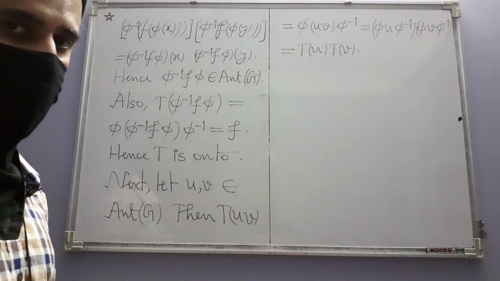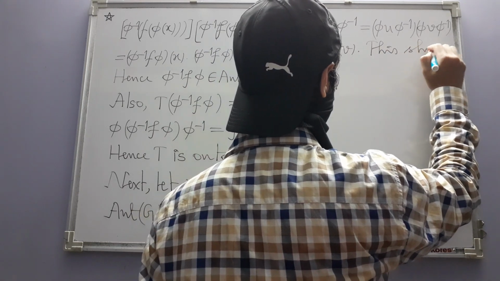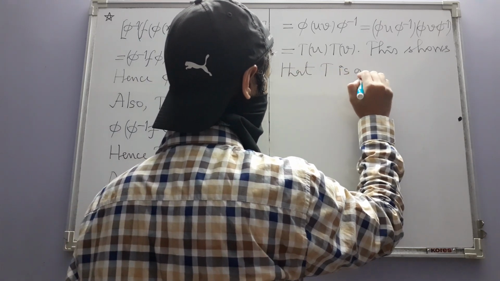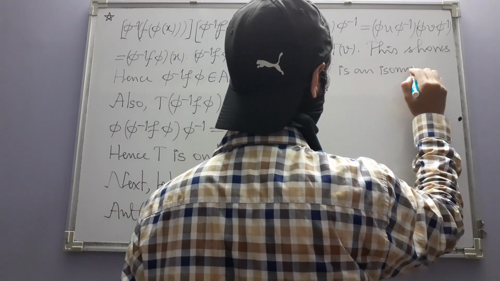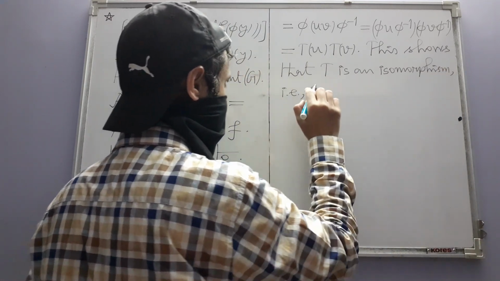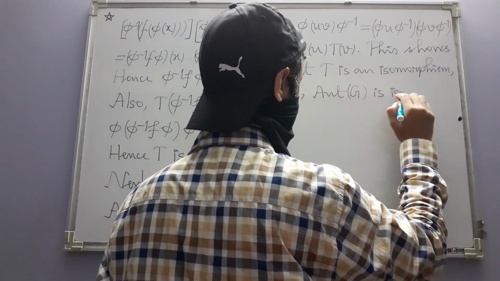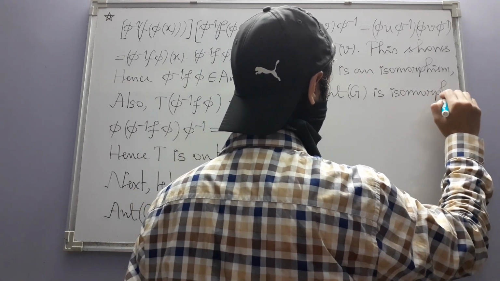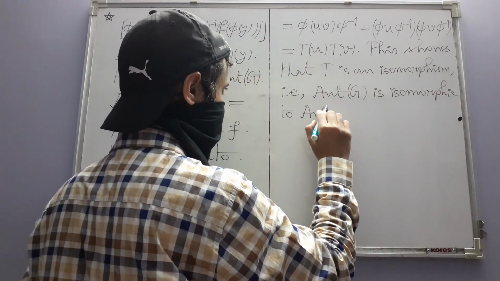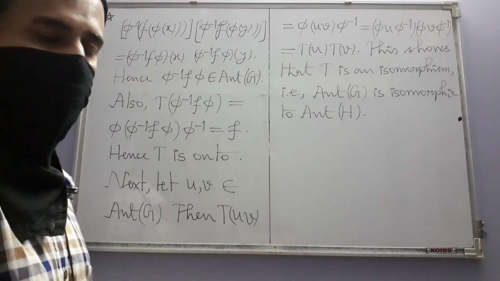So now we can claim that T is an isomorphism, i.e. the automorphism group of G is isomorphic to the automorphism group of H. Okay, so that's how they are isomorphic.